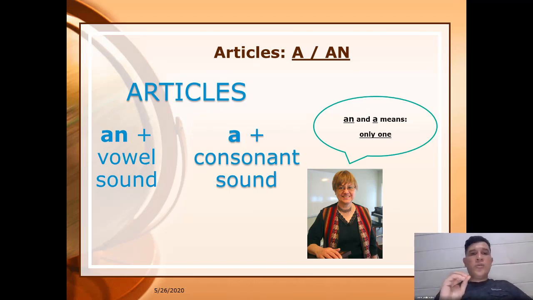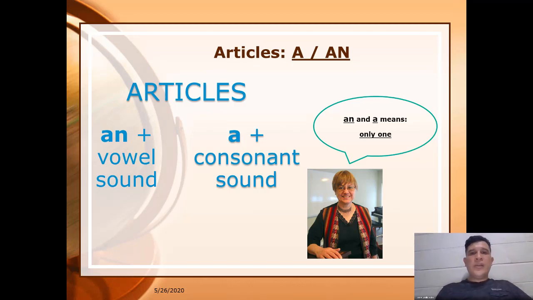Se usa con sonido, ¿verdad? No es que, digamos, si la palabra comienza con, hay ciertas reglas, que eso lo vamos a ver un poquito más adelante, pero es el sonido de la vocal. Entonces utilizamos an. If it is a consonant sound, then we use a.